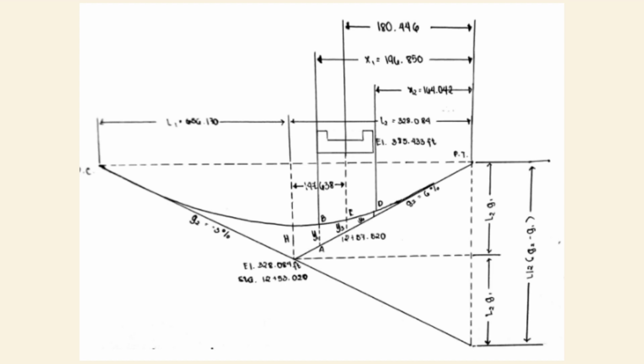And instead of our L sub 1 being 200 meters and L sub 2 being 100 meters, we now have the L sub 1 as 656.170 feet, while the L sub 2 would now be 328.084 feet, while the elevation of the underside of the bridge would now be 385.433 feet.